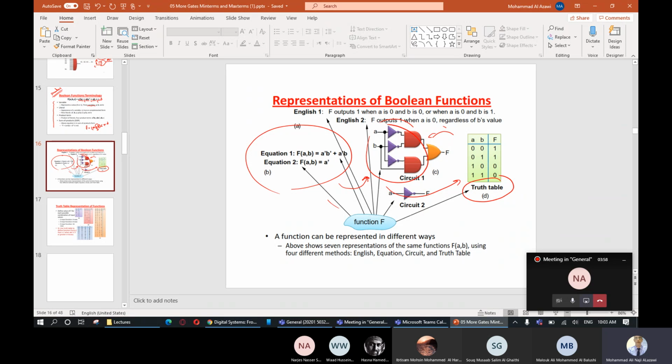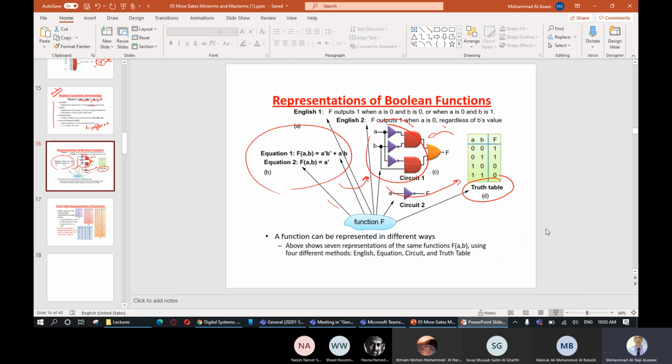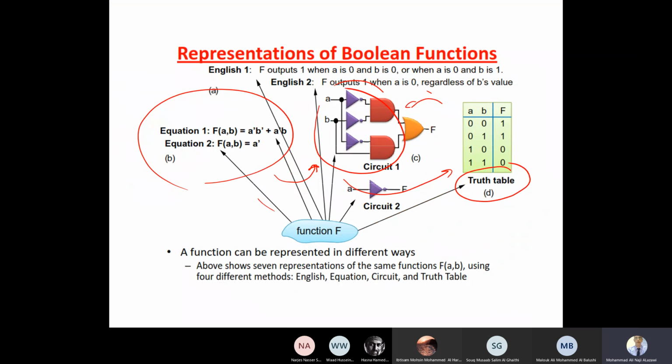All right. So last thing we were discussing was the three forms of representation of any Boolean function or any digital circuit. Just a quick refreshment.